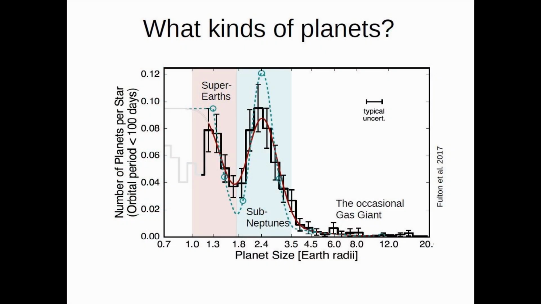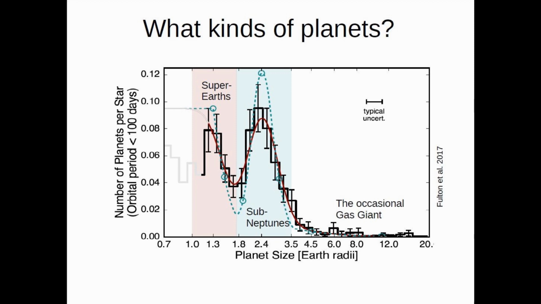And then out here on the tail of the distribution, there's the occasional gas giant. It turns out that about half of stars have a planetary system in these architectures with orbital periods of around 100 days or less, and multiple planets in a lot of them. On the other hand, gas giants are much more rare. They're only around 10-15% of stars.